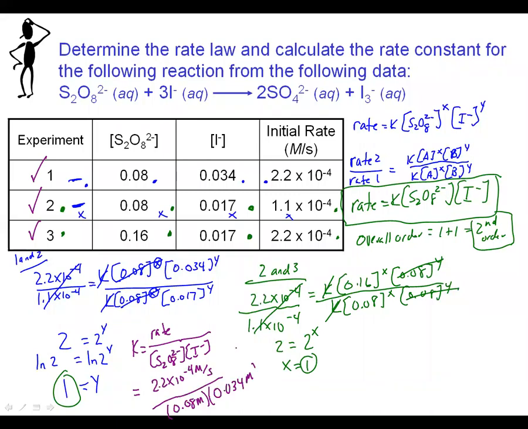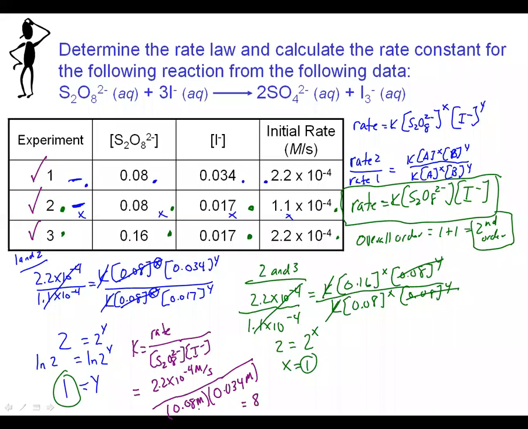And if we do all that, it looks like 8 point, we'll go with 8.1 times 10 to the minus 2.